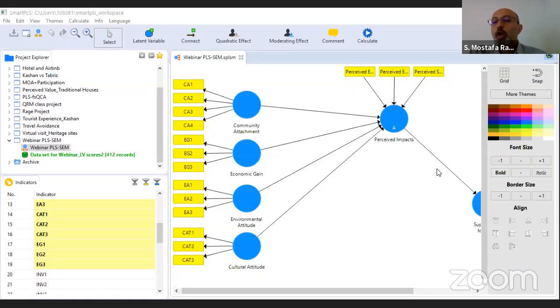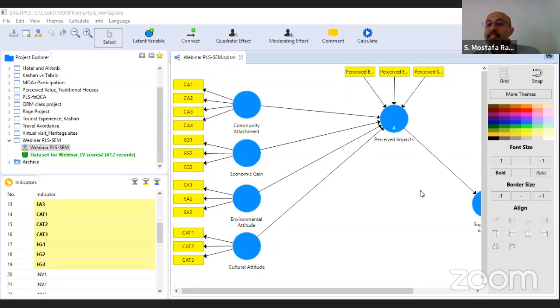Okay, here I don't have a direct relationship. It depends on your objective. If in your study you want to hypothesize also a direct relationship, you can create a direct relationship between antecedent and your DV. But for assessment of mediator it is not compulsory to have these direct effects, right?